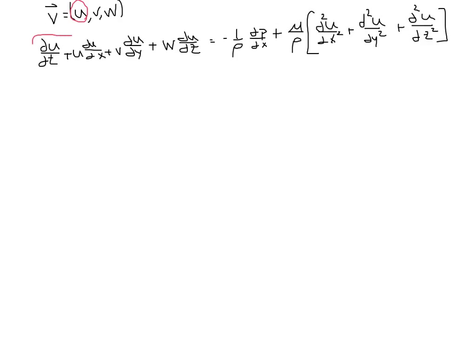So, unlike in our control volume-based analysis, we put the accelerations on the left, and so this is essentially a sub x, the x component of the acceleration. That means that we have the local acceleration and the convective accelerations.